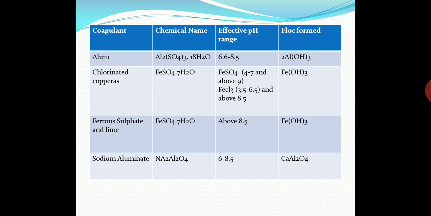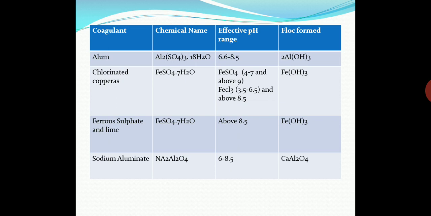The main factor on which these coagulants work is presence of alkalinity in water. These coagulants work only if some alkalinity is present in water. If alkalinity is not present, it is to be introduced artificially into the water. It requires a large amount of alkalinity present in water.